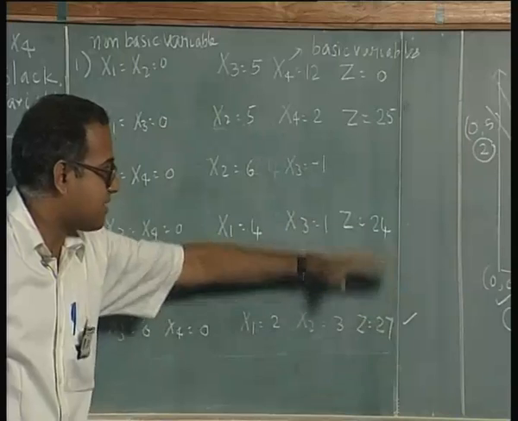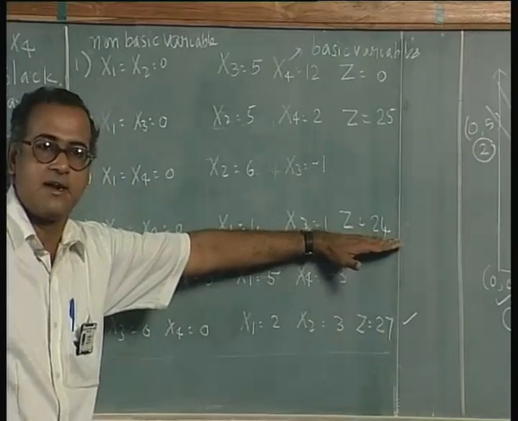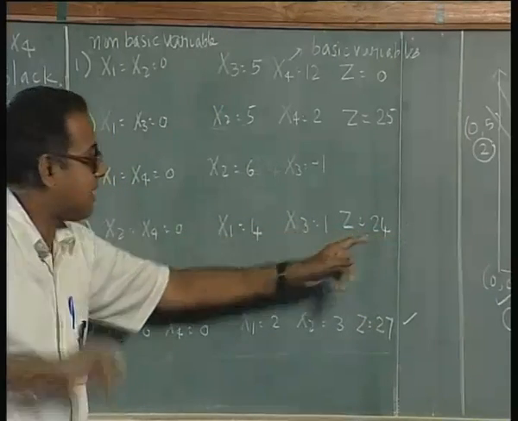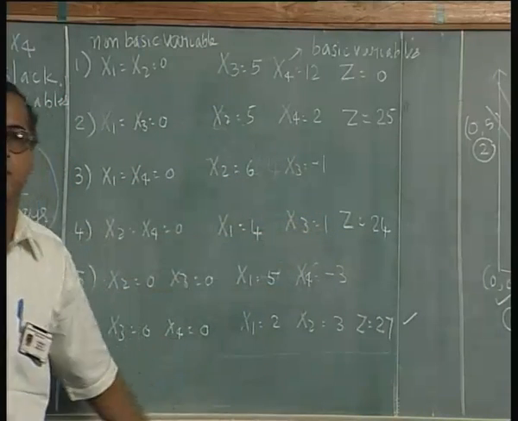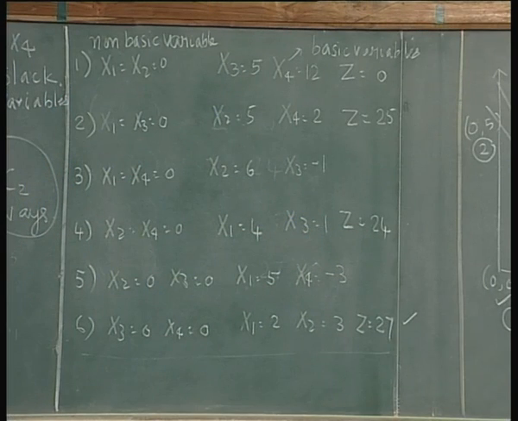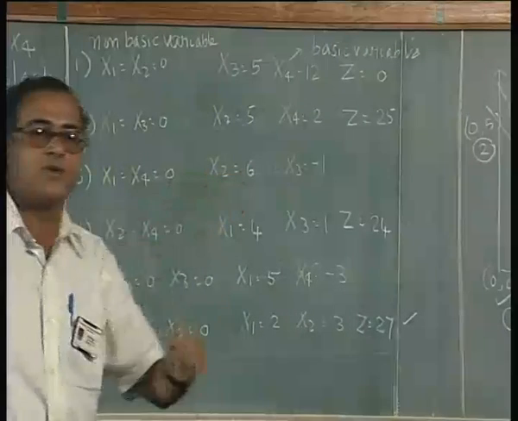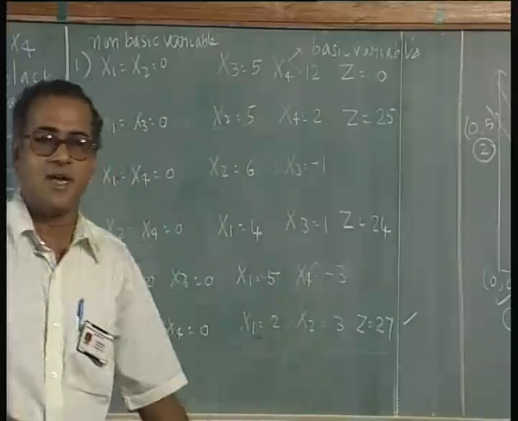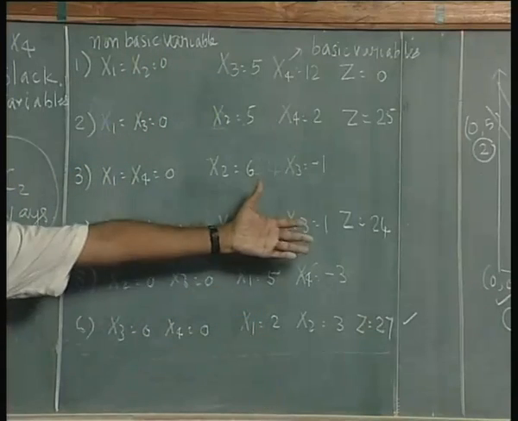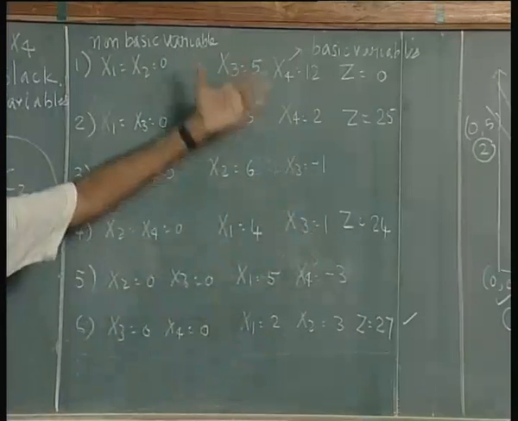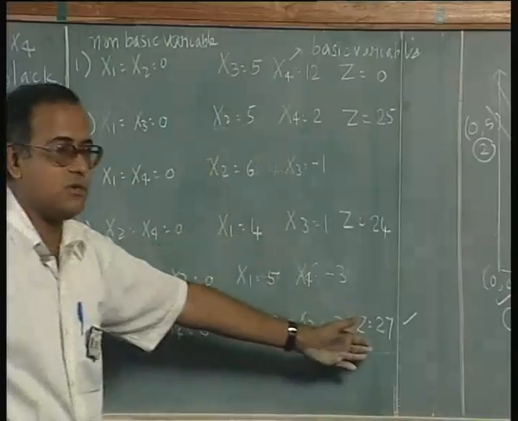Now, if this 27 is the best one that I can get, then I need a mechanism which can tell me right here that you have got your optimum, you do not have to look at the remaining 2. So, we would want the algebraic method to be smart enough to be able to identify the optimum as soon as the optimum is found, rather than make you work the rest of the things, complete the entire enumeration, and then at the end of it all make a comparison and then say this solution is better.